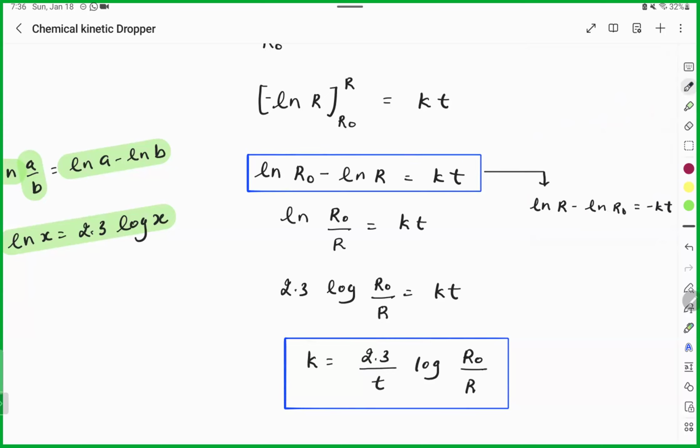You take the minus sign on both sides. So this is equal to natural log R by R naught is equal to minus KT.